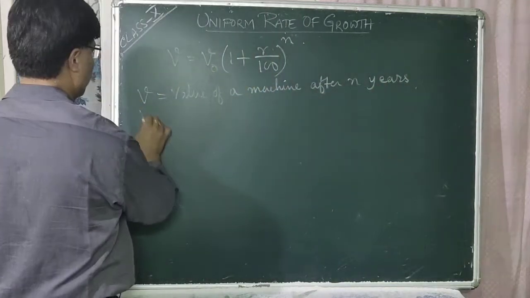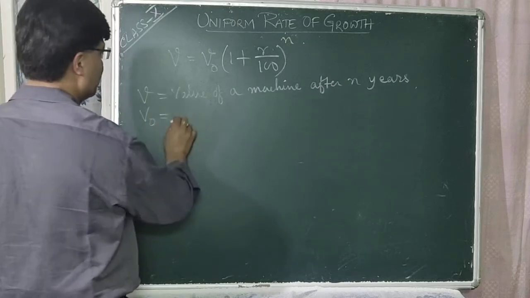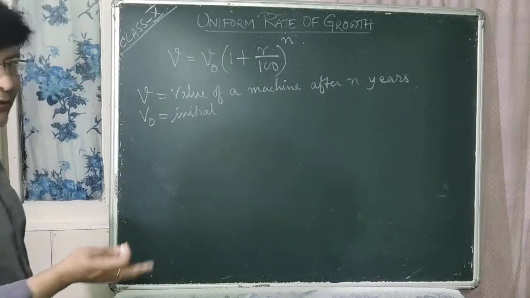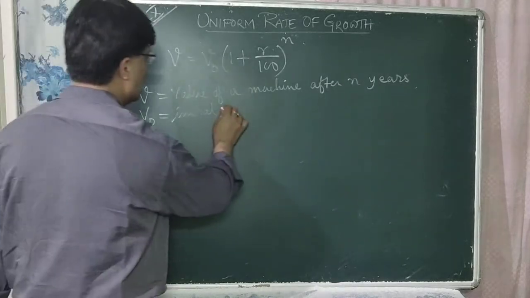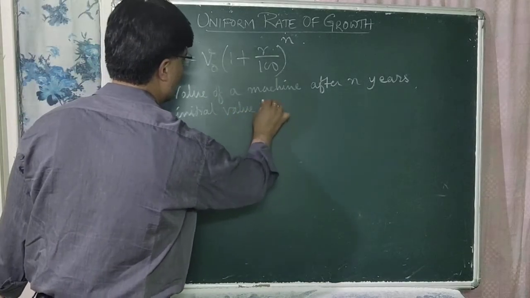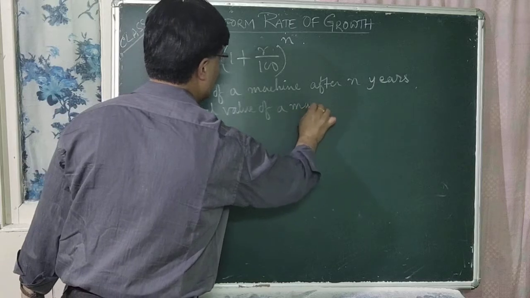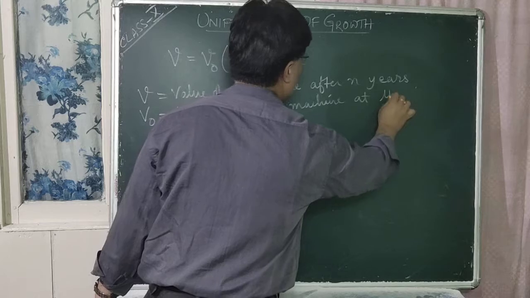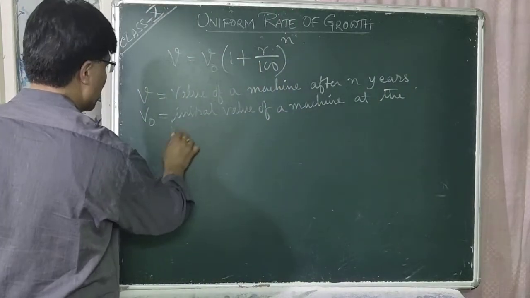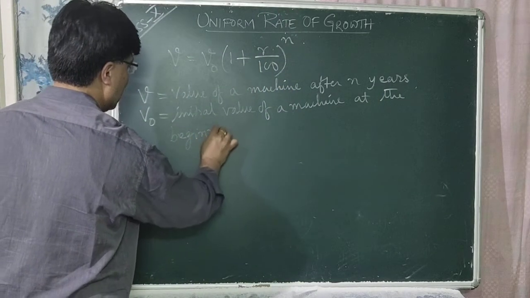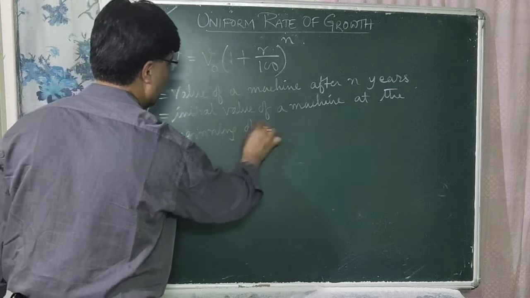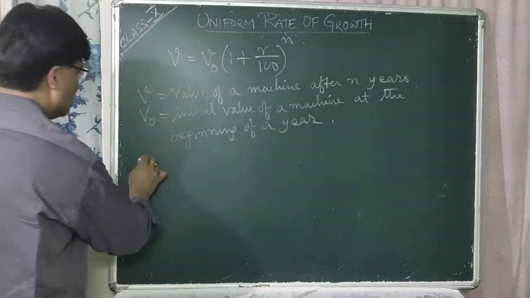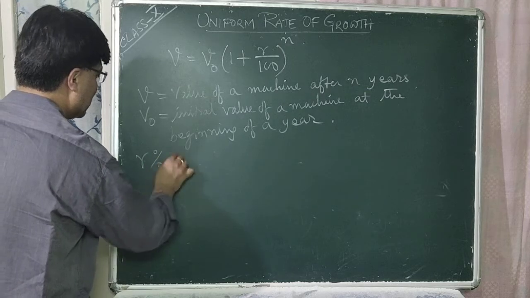After n years. V0, what is V0? Initial value means starting. Initial value of a machine at the beginning of a year. What is R% here?